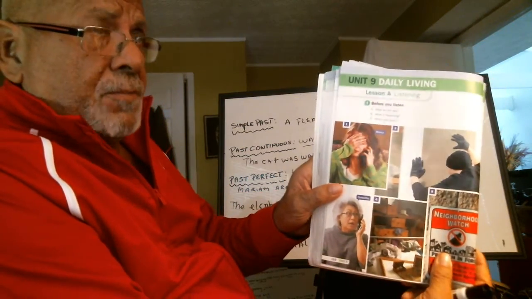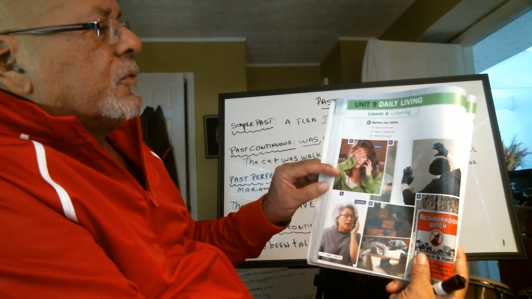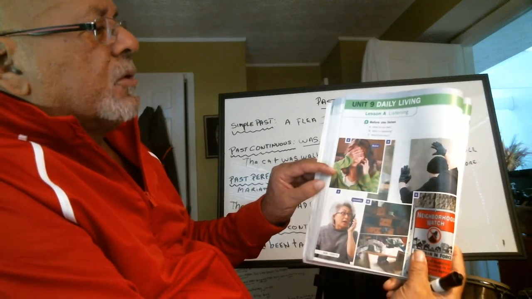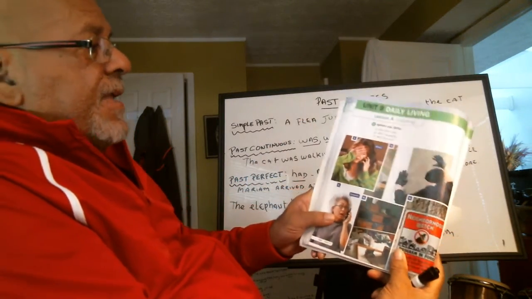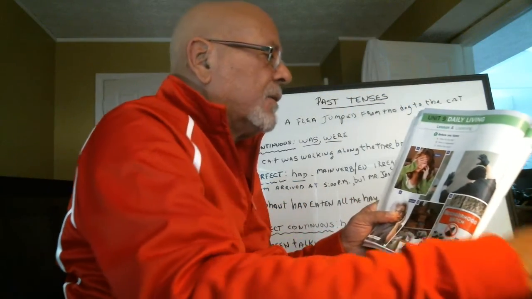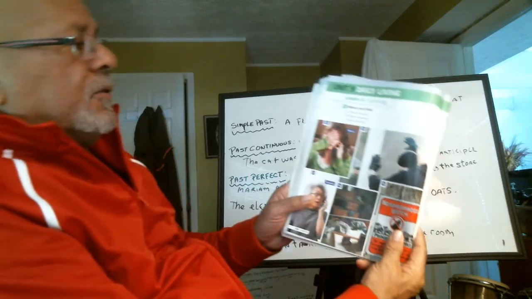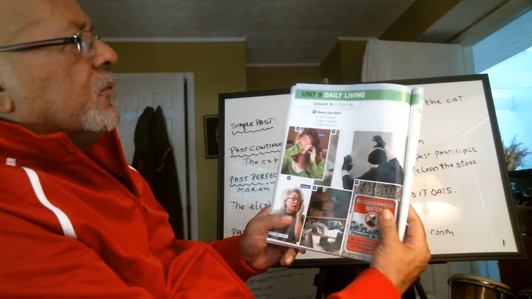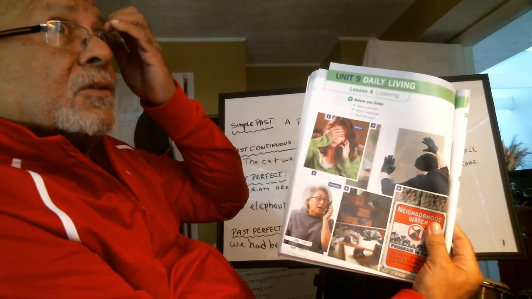So if you have your book, and if you look at the first photograph here, the person's name is Monica, and she's on the phone, and she has her hand covering her mouth. So what does that tell you? What do you see?